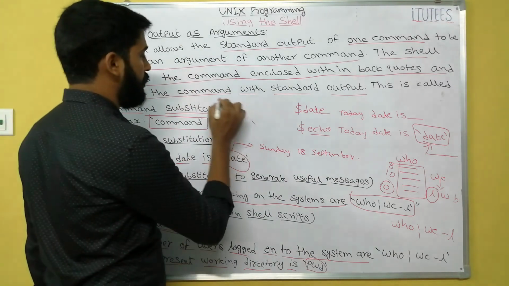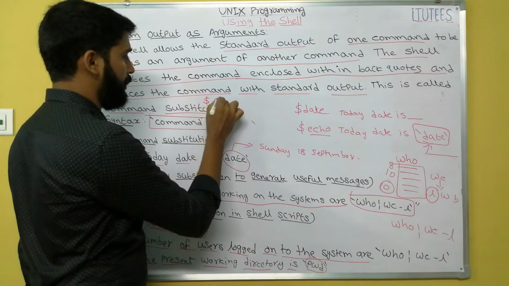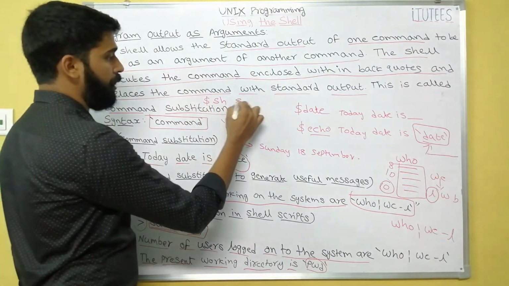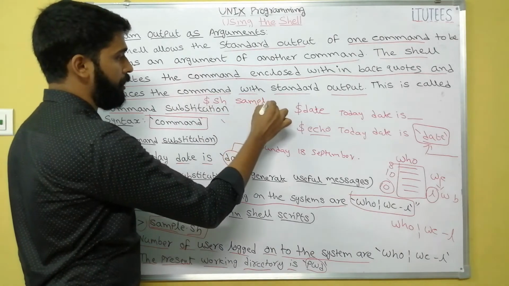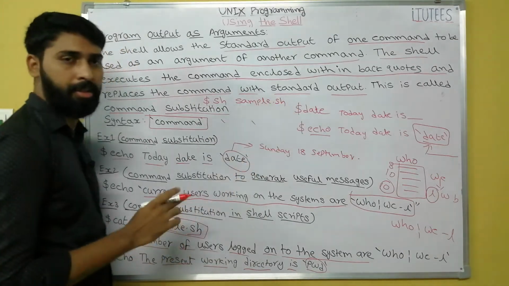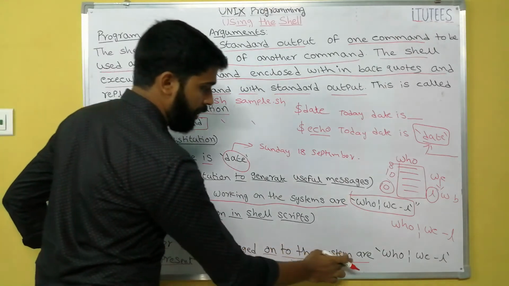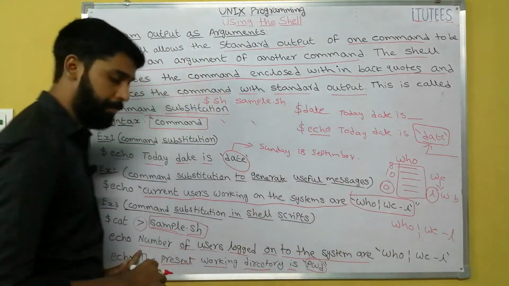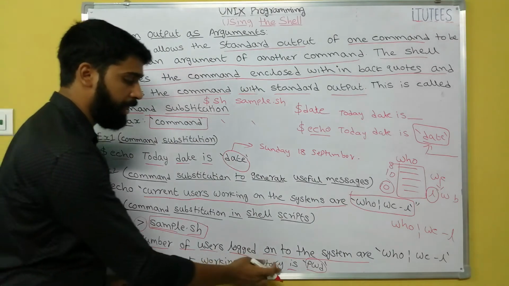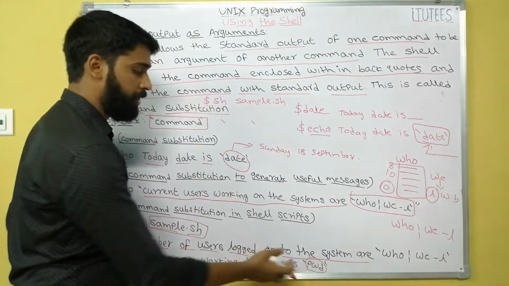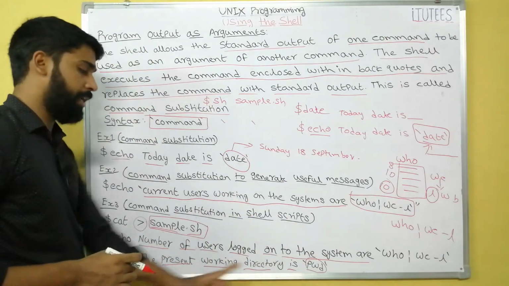I execute it like this: sh space, and the program name, sample.sh. Now what does it print? The number of users logged onto the system are 8, if it is 8. After that, the present working directory is, and my present working directory is the home Varada directory, so it prints the working directory name here.